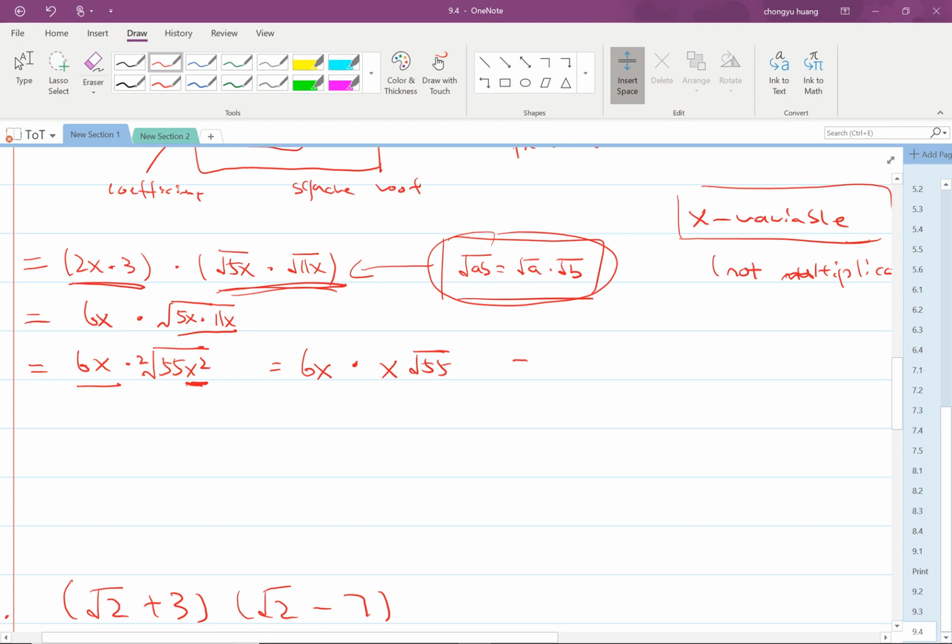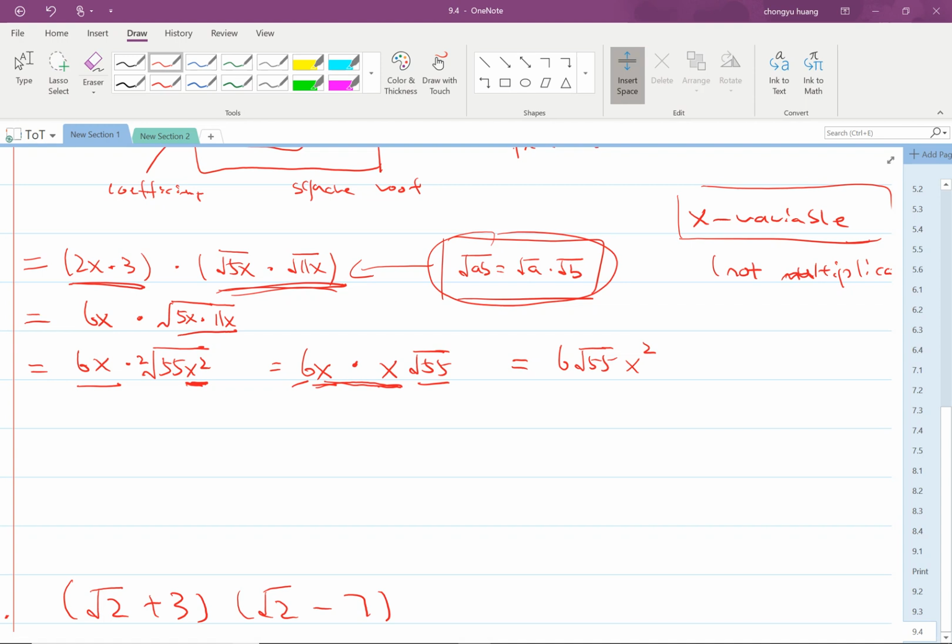After that, you write down 6 square root of 55, and then we multiply x by x, which is x squared. The only thing we're going to do over here is we already simplified the number 6, and the square root of 55 is already in the simplest form, so we don't have to do anything.